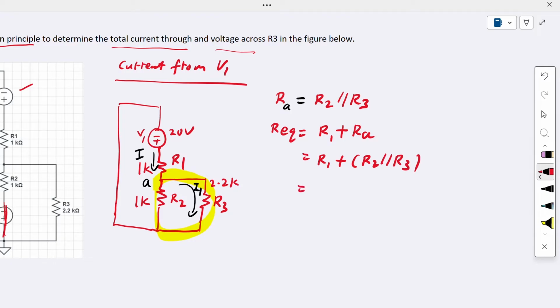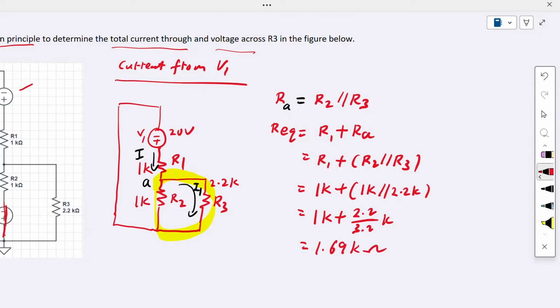So we can substitute the values. R1 is 1K, and R2 is 1K, in parallel with R3, 2.2K. If you calculate these values, you have 1K plus 2.2 divided by 3.2K. In that case, you get 1.69 kilo.